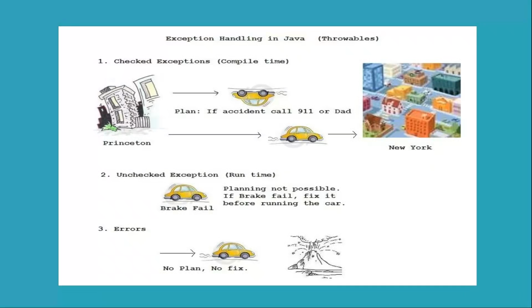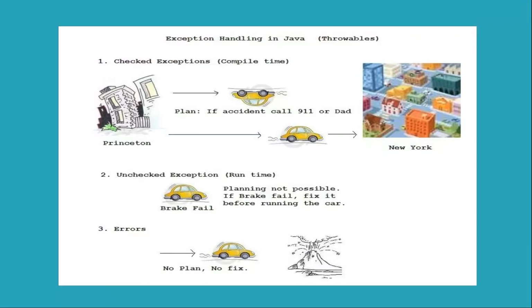Next is an unchecked exception, which happens at runtime. Unchecked exceptions are something which is not possible to plan for. So if a brake failure happens, then what you are supposed to do is fix it before running the car. That is what can be done, and that is an unchecked exception. And an error is something where you can't plan, where you can't fix.